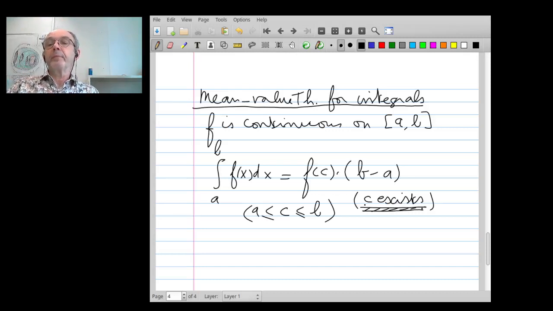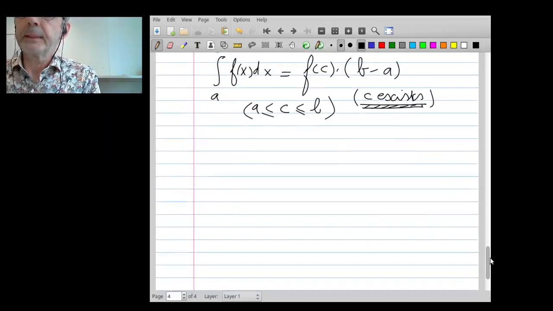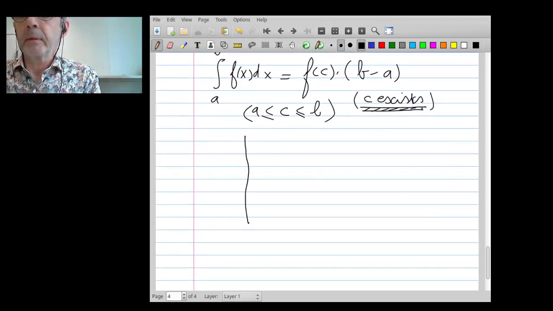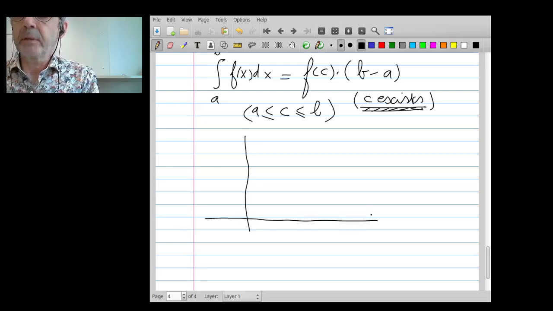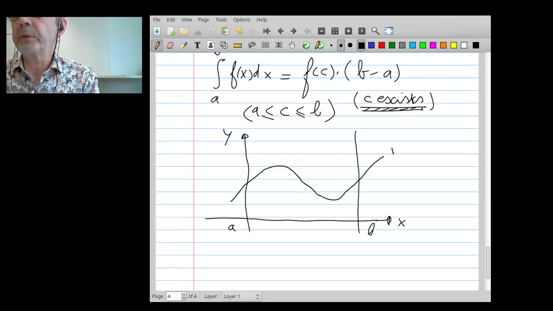So you have an idea between what values the integral will lie. And you can make some graph of it. You have your interval ab, your x-axis, your y-axis, and you have here some function f, that is the function you integrate.